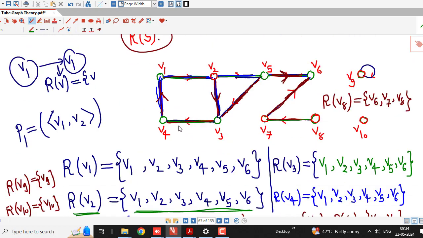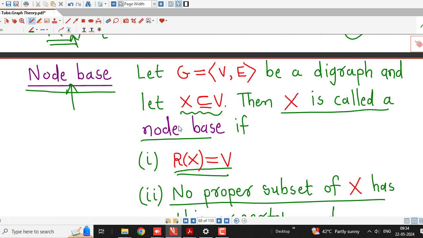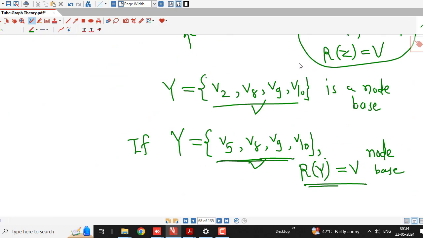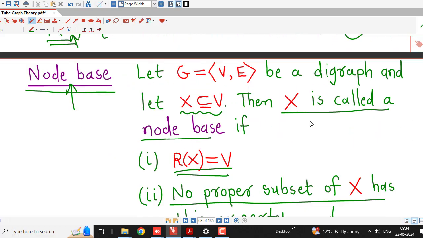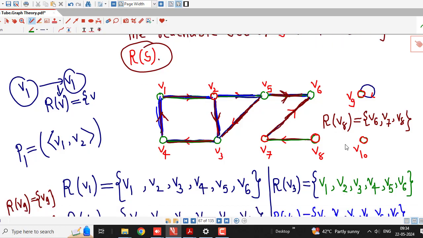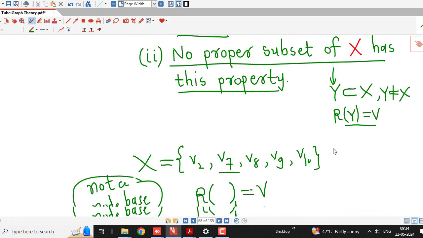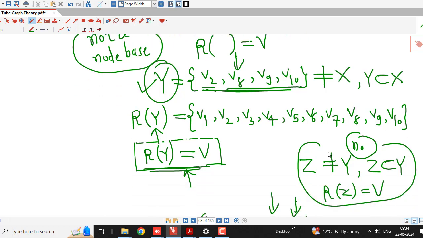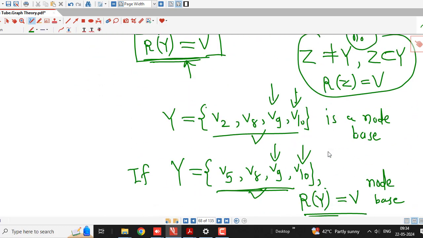For example, you can see here in this node base I have taken isolated vertices. V9 and V10 are isolated vertices and that I have included in both the node base. So remember, whenever you are writing a node base, then isolated vertex must be present in your node base.